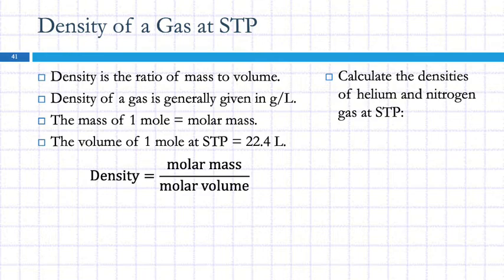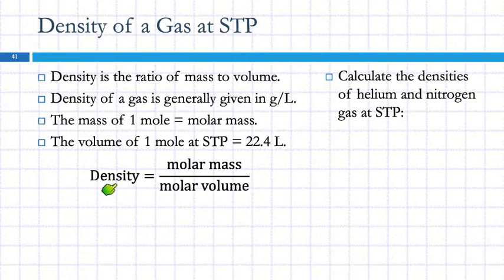We can calculate the density of a gas at STP. Just remember that density is mass divided by volume. Densities of gases are generally given in grams per liter instead of grams per milliliter because they're much less dense. The mass of 1 mole of gas is just its molar mass, and the volume of 1 mole at STP for any gas is 22.4 liters.